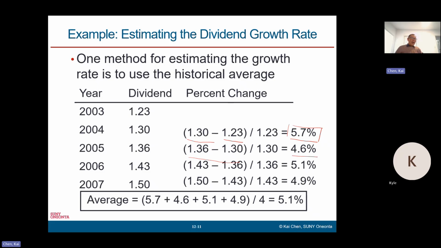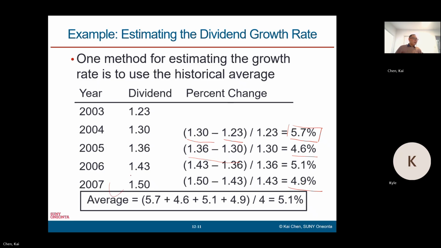Anyway, I did the same thing for each year. Then I get the dividend growth rate from 2004 to 2007. Then I take an average of this 4-year dividend growth rate.